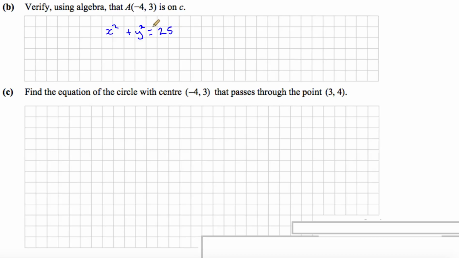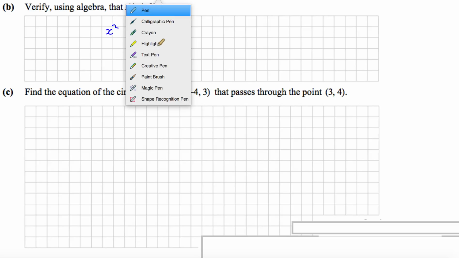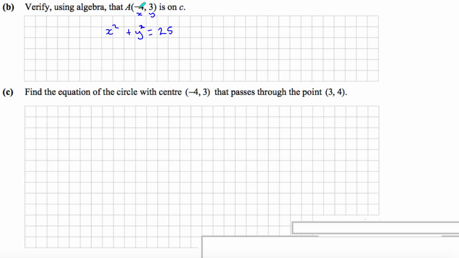And if you're asked to verify that a point is on a circle or on a line or on a parabola or on anything, you substitute these values in for the x and y. So the minus 4 will be our x value and the 3 will be our y value. So we're going to sub this minus 4 in here, and we're going to sub the 3 value in here.